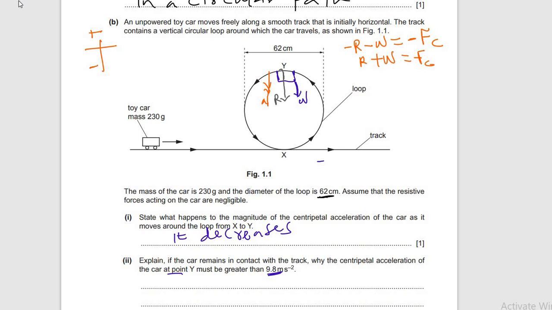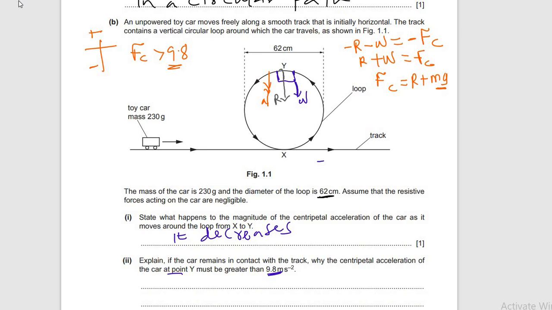Now the question said, why must the centripetal acceleration be greater than 9.8. In this case, centripetal force is the summation of the reaction plus weight. Weight is mg.